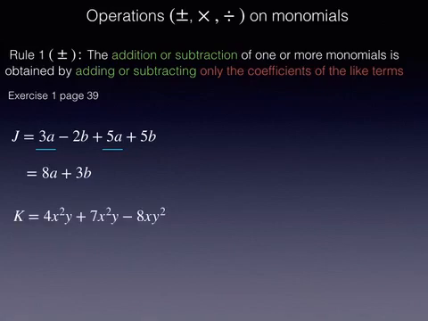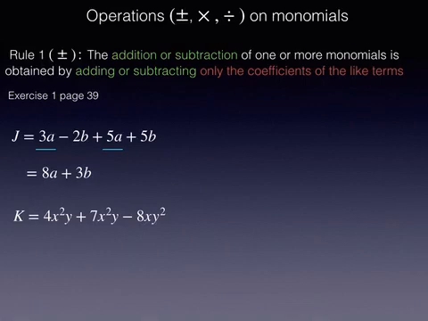Another example, K, 4x squared y plus 7x squared y minus 8xy squared. Here we have three monomials. So the first step is to determine the similar terms, that is the terms that have same unknowns.